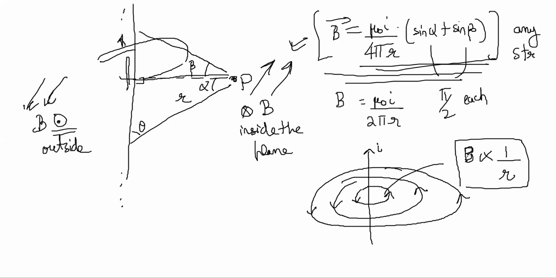Then if there are semi-infinite wires, how will you get it? So let's do one example. There is a wire from A and this side. There is a wire and current I is flowing like this, and this is infinite on this side.